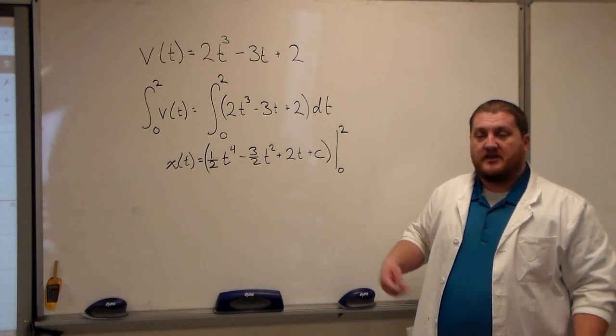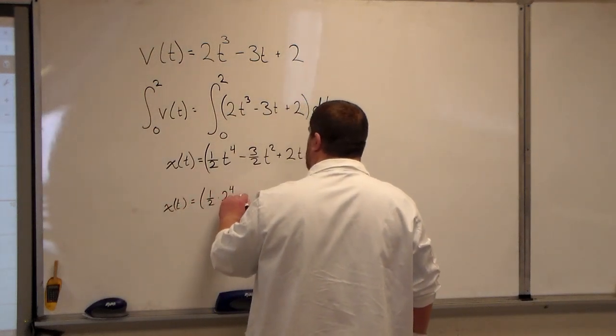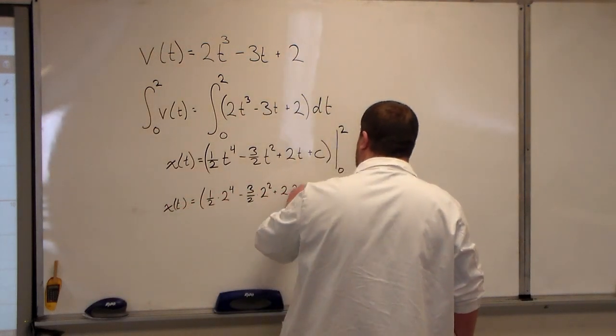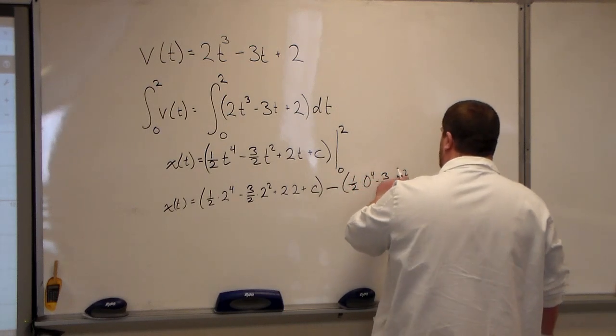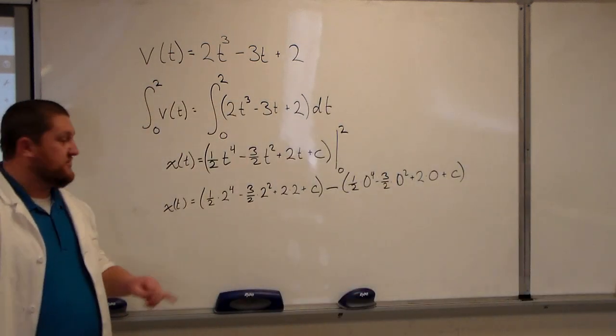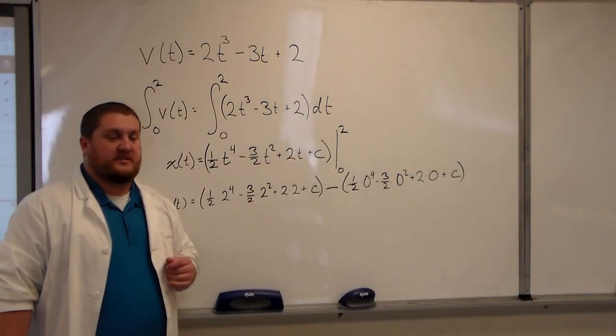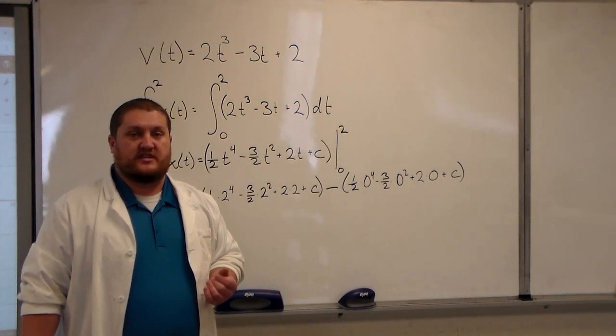So let's see what that looks like. In this first expression, I have 2 plugged in for each of the t's. In the second expression, I have 0 plugged in for each of the t's.